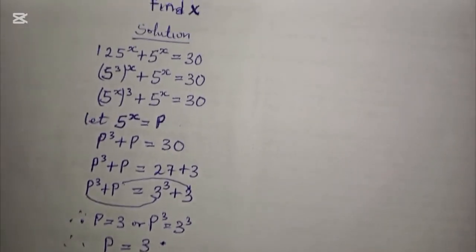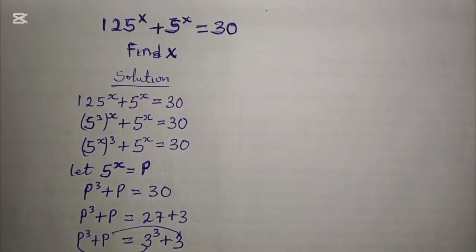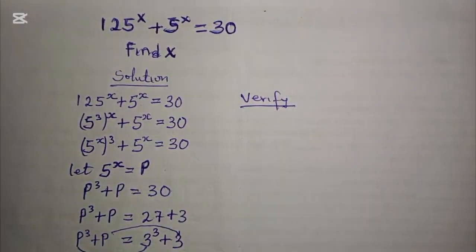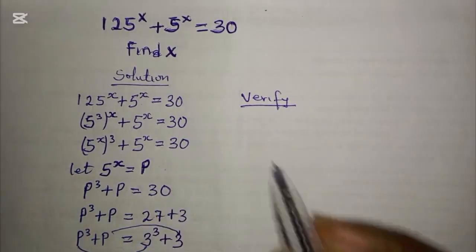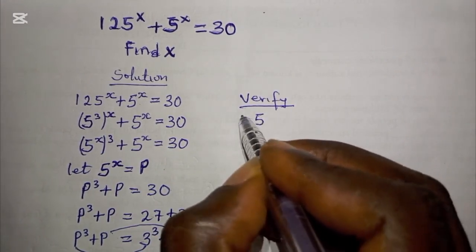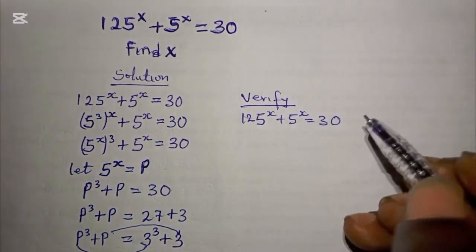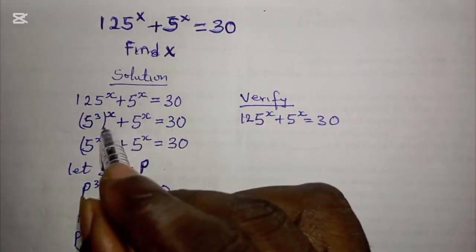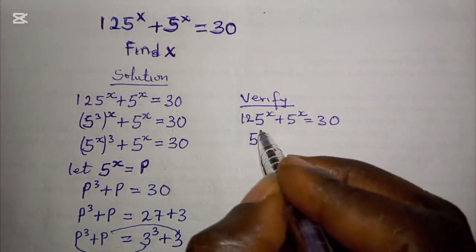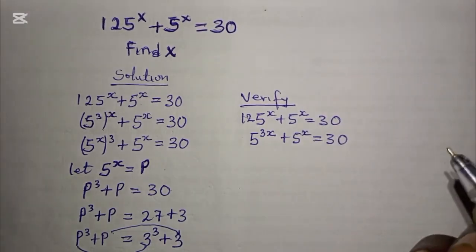Let's do the verification. For us to verify, recall that we said 125 raised to the power of x plus 5 raised to the power of x equals 30, which is similar to what we have here: 5 raised to the power of 3x plus 5 raised to the power of x equals 30.